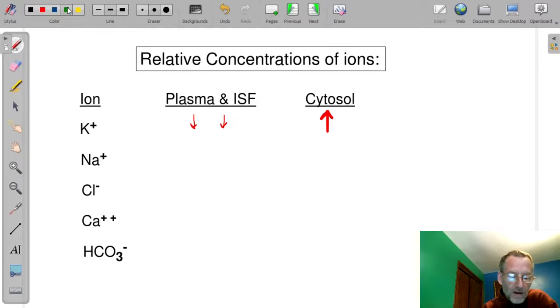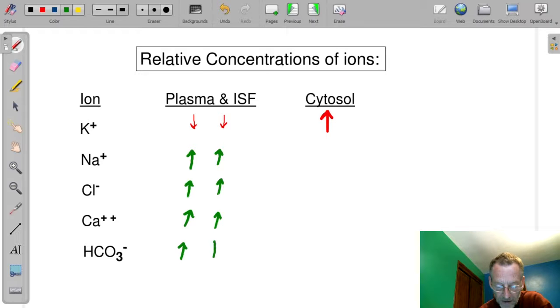Okay. All of the rest of the ions have a higher concentration in the plasma and the interstitial fluid. Sodium is higher outside the cell, as is chloride, as is calcium, bicarbonate. Those are the big ones. So if they're higher inside the cell, then they're going to be lower on the outside, or excuse me, lower inside the cell.